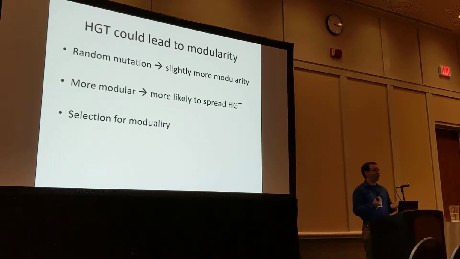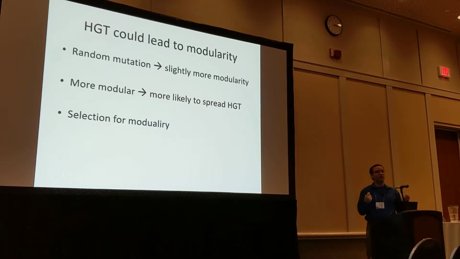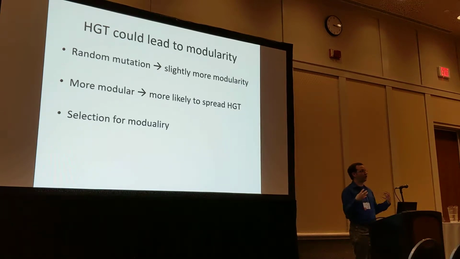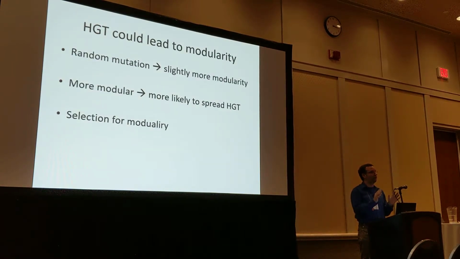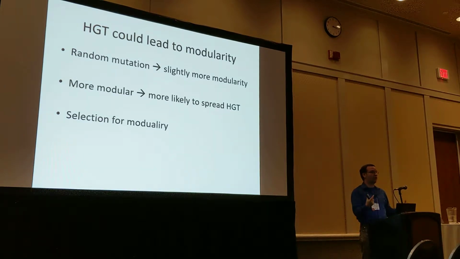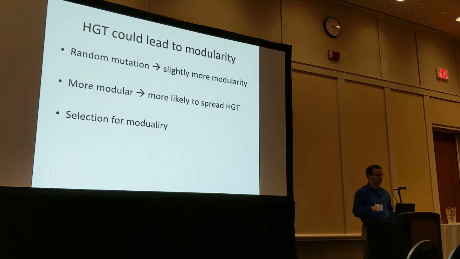This more modular genome is more likely to spread this genetic material through horizontal gene transfer, because you've got these separate components that are using different portions of the genome, and if the genome manages to place these different components close to each other, a single transfer event can bring in all of the necessary components for a particular function. And this can lead to a selection for modularity.